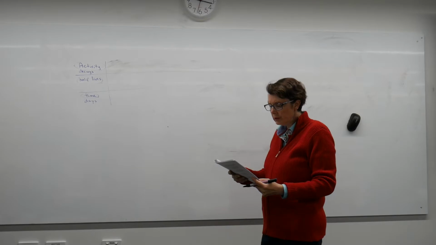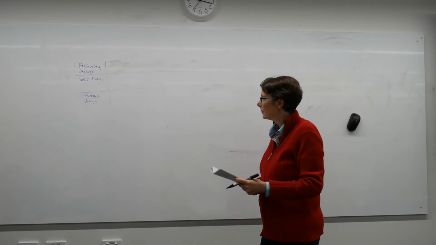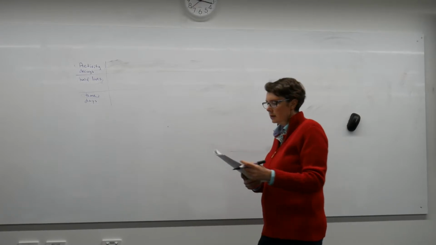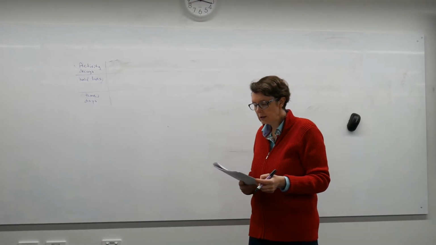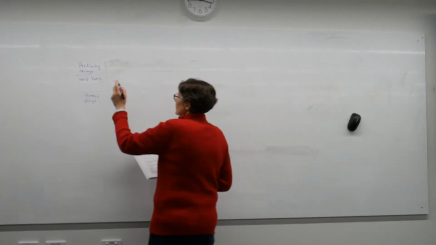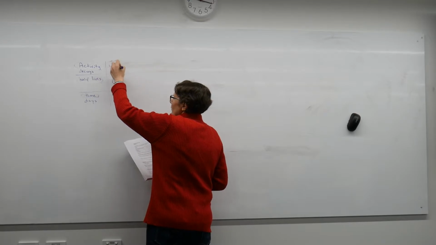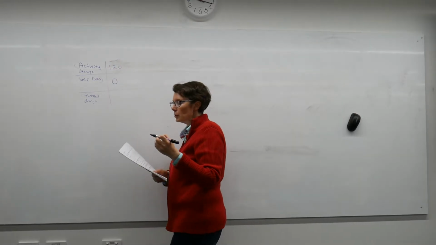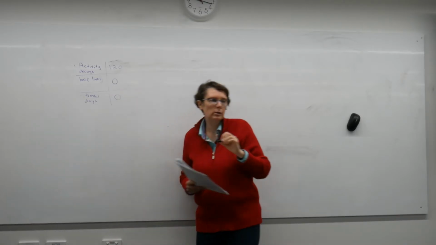So we're told that the half-life of iodine-131 is 8 days, and the initial activity of the sample is 120 decays per second. So after 0 half-lives, we have an activity of 120 decays per second, and that is also at 0 time.